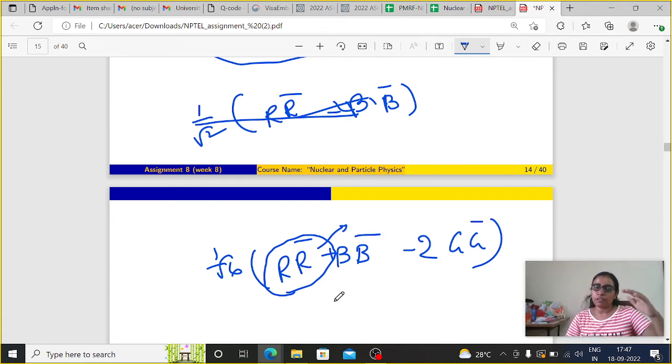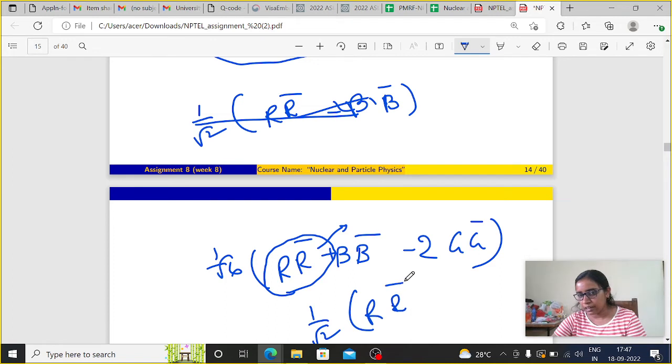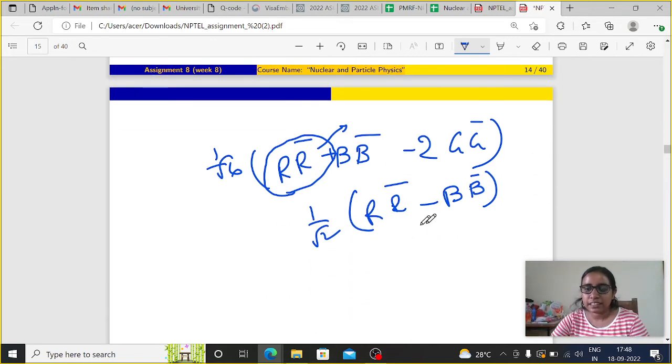So I did all six configurations, as well as this seventh configuration, and the eighth configuration is like that, R bar minus B bar. Now you can ask me why R bar, B bar is there, why not G bar?